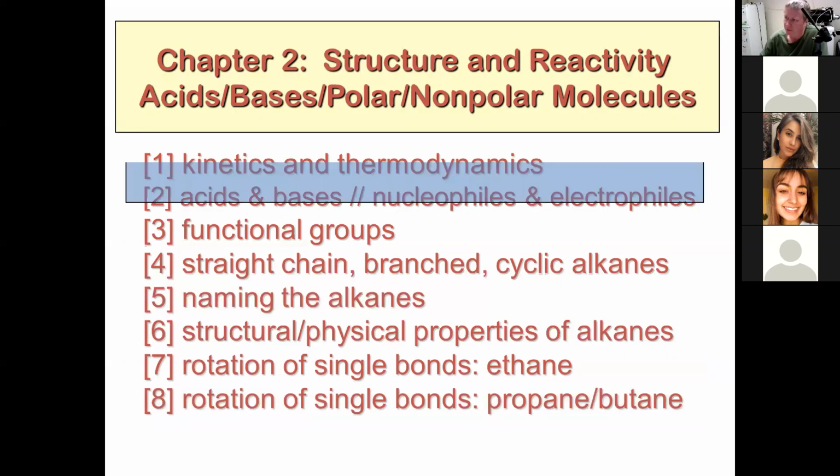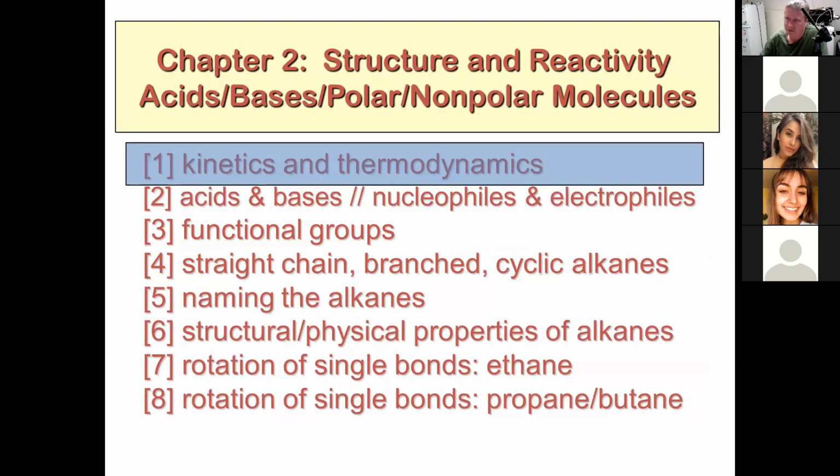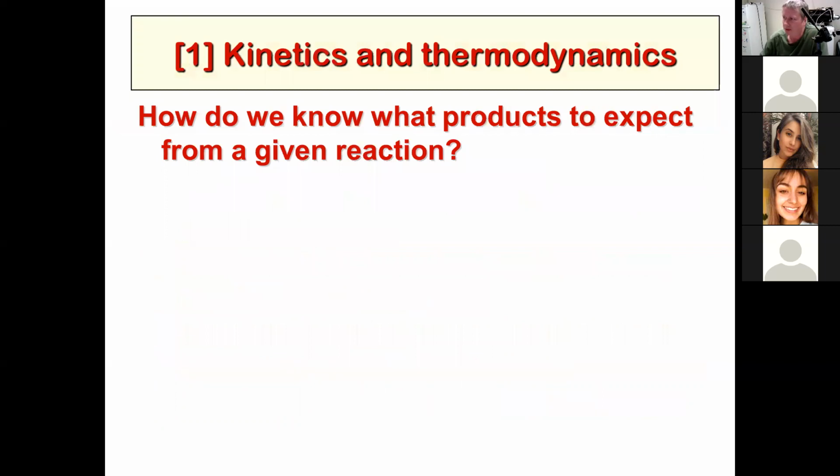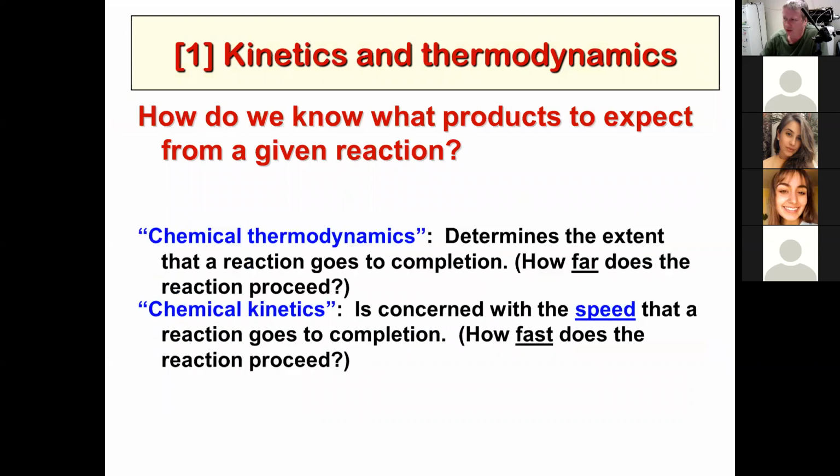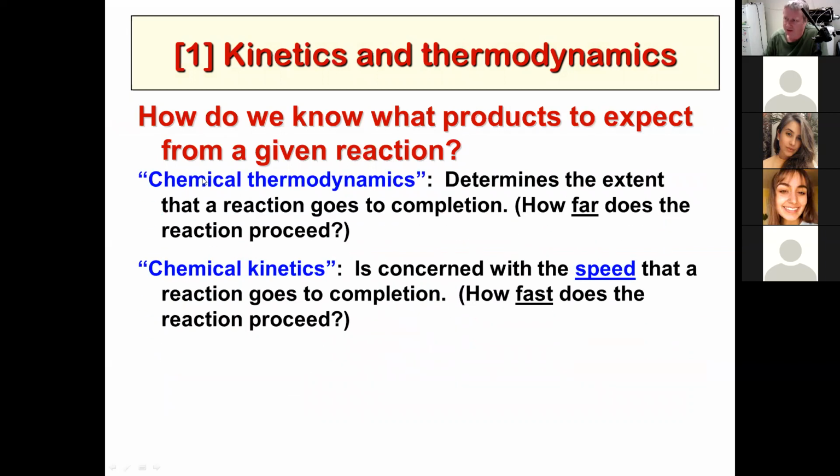All right. So firstly, kinetics and thermodynamics, basic theory of chemical reactions. How do we know what products to expect from a given reaction? There are 2 things to consider: chemical thermodynamics and chemical kinetics. Thermodynamics determines the extent that a reaction will go to completion. How far does the reaction proceed from molecule A to molecule B?